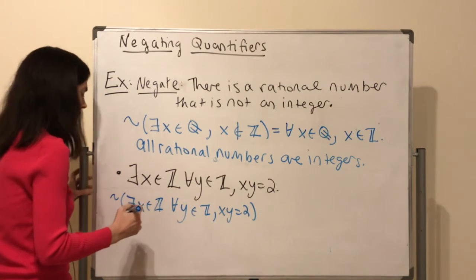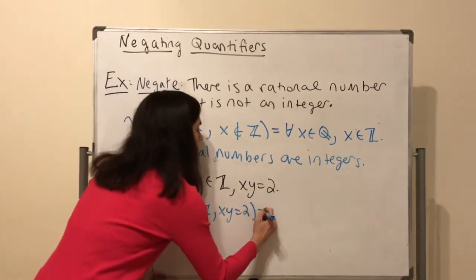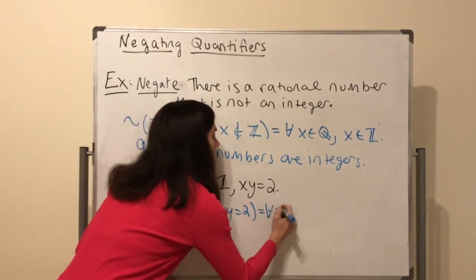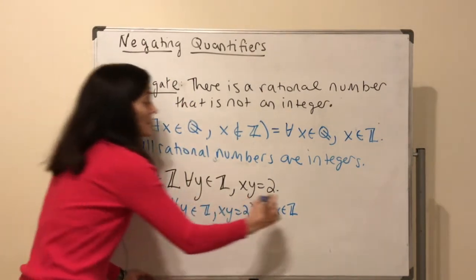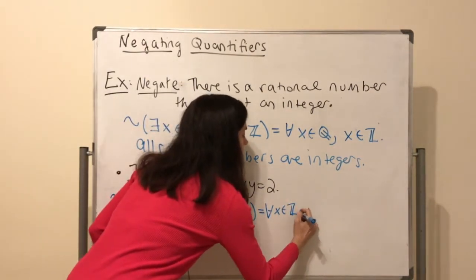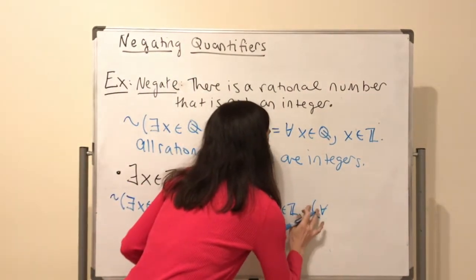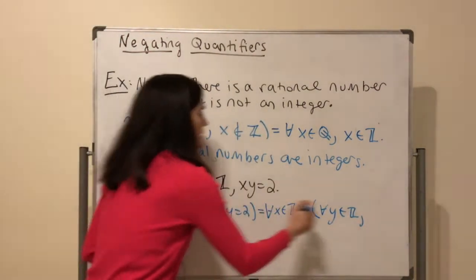The first thing I will do is move the not inside the there exists. This will become for all x, and then we have not out here. It would be for all x, not for all y, xy is 2.